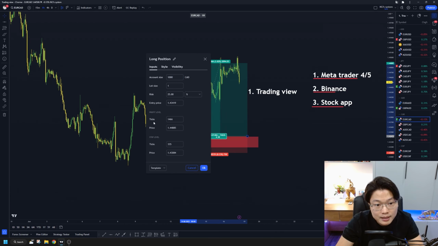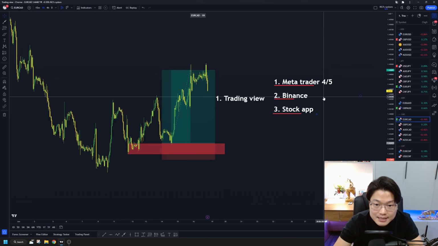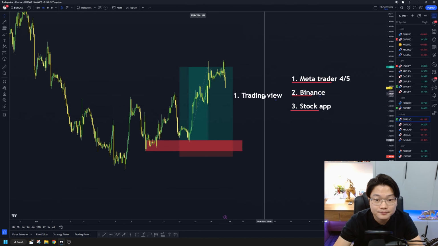Therefore, I can copy it into MetaTrader to open the order for the first asset. And for Binance, I copy and paste into Binance to open the trade. Everything is very simple, right? Analyze on TradingView and open it on MetaTrader 5, Binance, or the stock application.